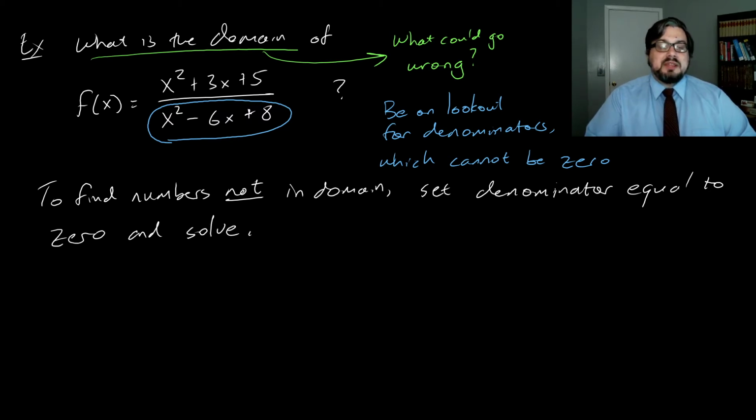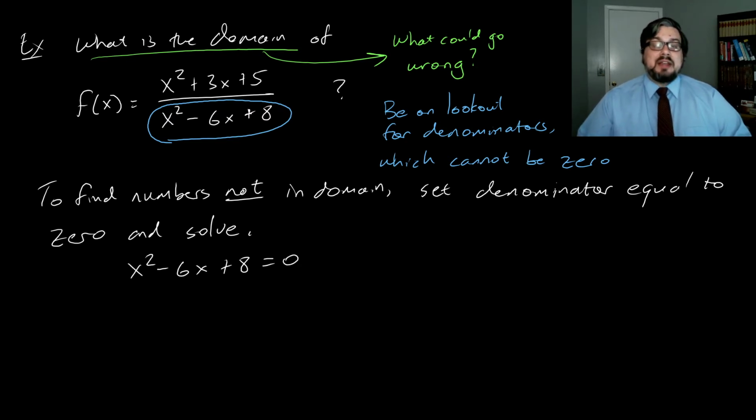What we will be doing there is finding all of the numbers that would make the denominator 0 if we were to plug them in. And therefore, we can make sure not to include them when we write down our domain.